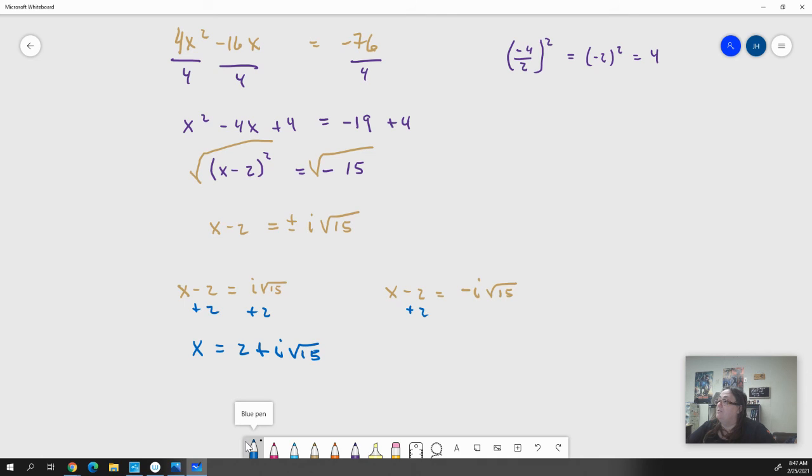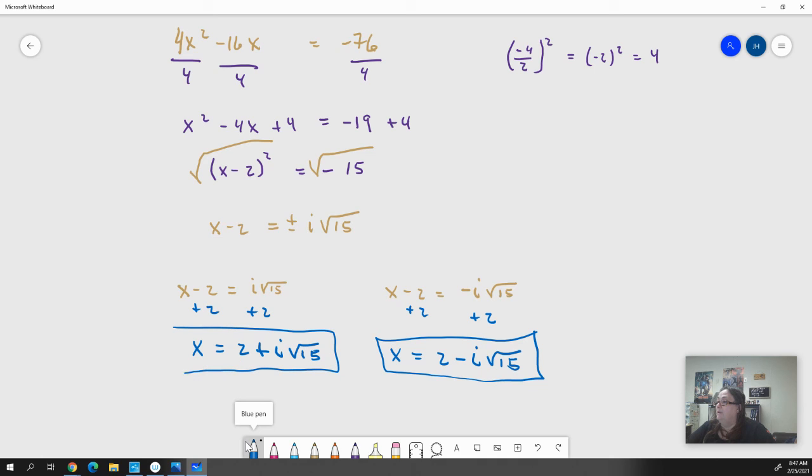And when I add 2 there, I get x equals 2 minus i radical 15. So you'll notice we get both solutions there, right? Definitely not pretty, but you get the idea, right? It's still solving for 2 different sets of problems.